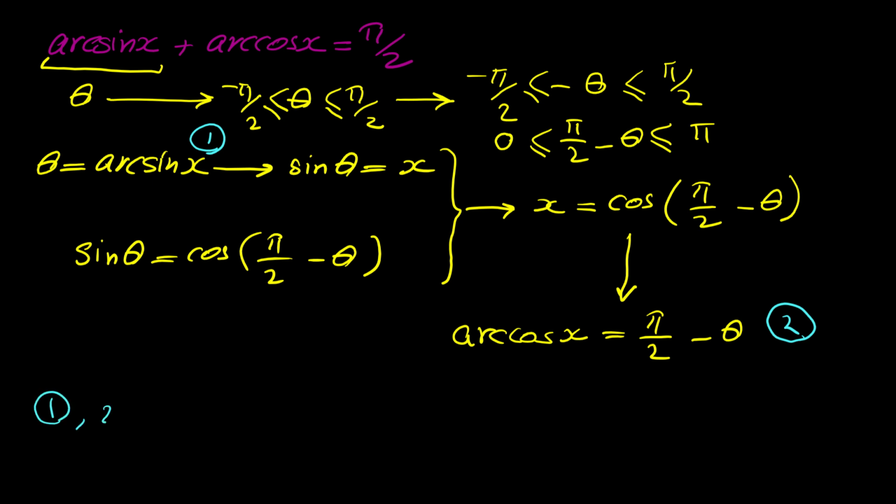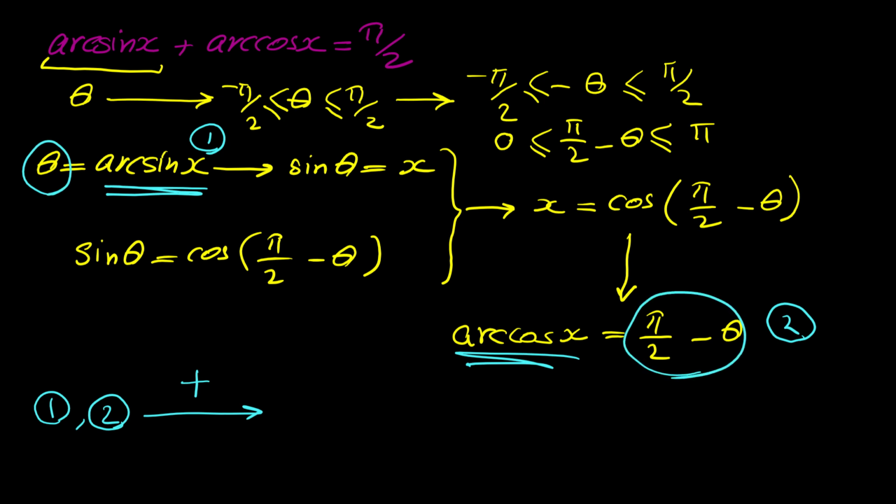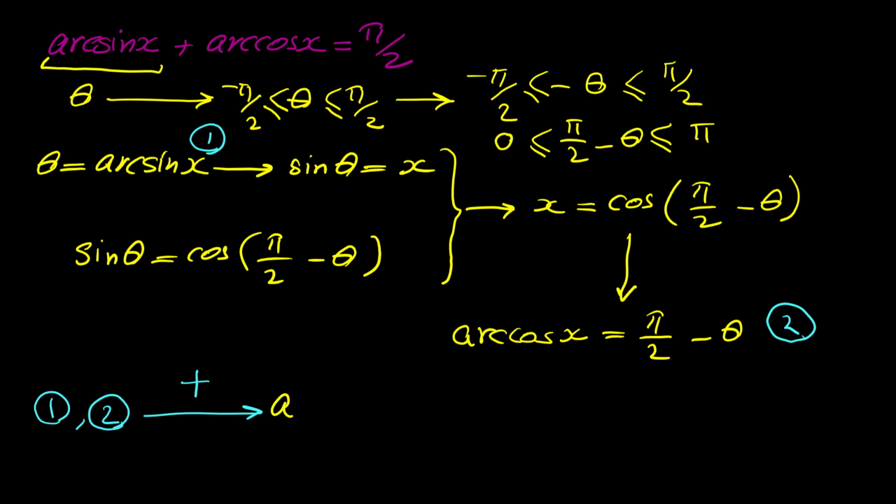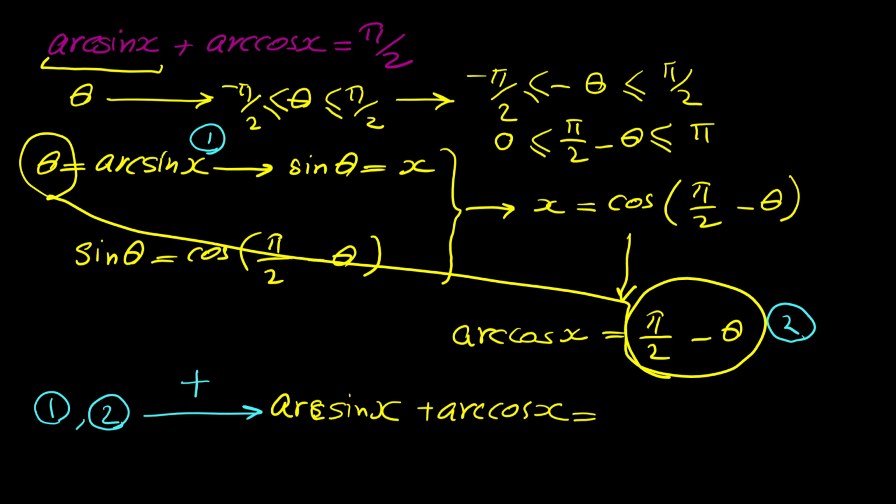From 1 and 2, if we add these two relations, what do we conclude? Please pay attention, I want to add this side to this side, and this side to this side. So, by adding relation 1 and relation 2 to each other, we have arcsine of x plus arccosine of x is equal to theta plus pi over 2 minus theta.